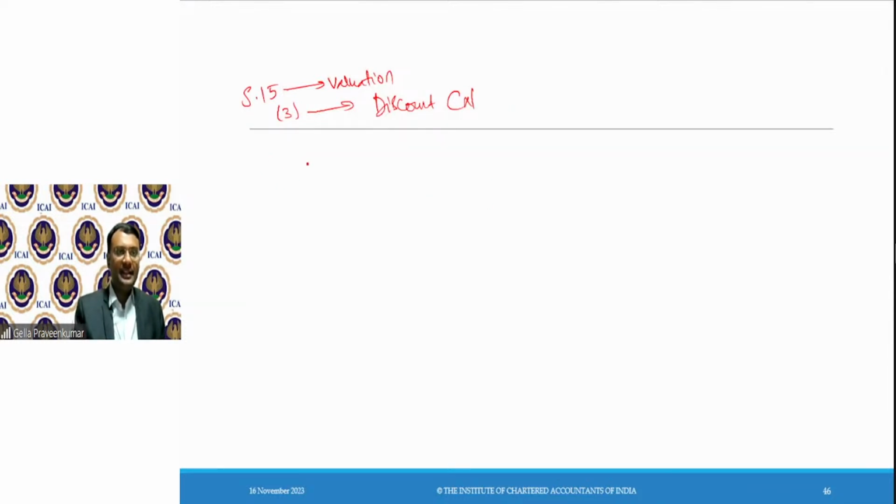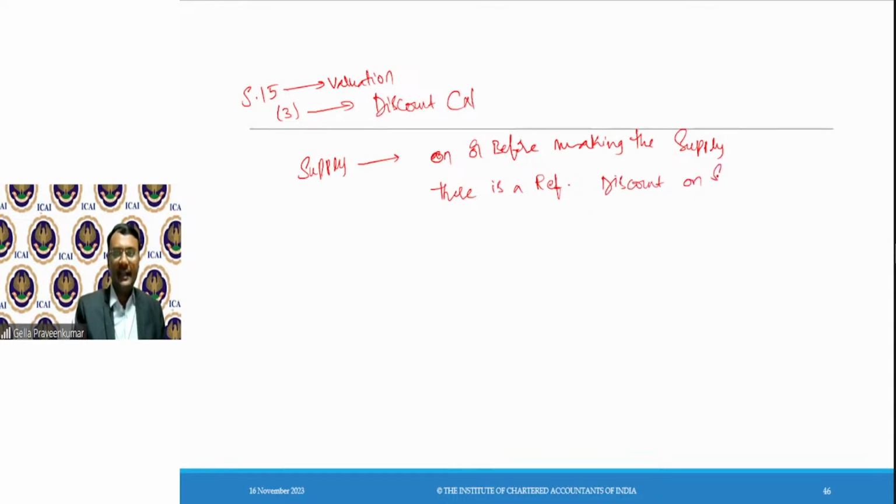Assuming that there is a supply, on or before making the supply, there is a reference to discount on satisfying certain terms and conditions.